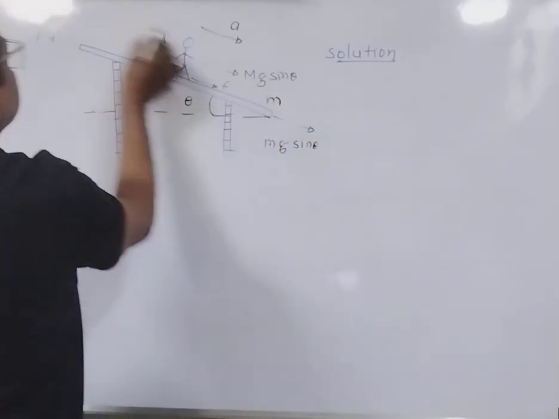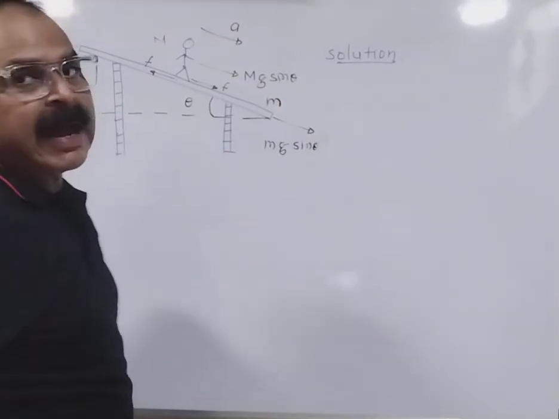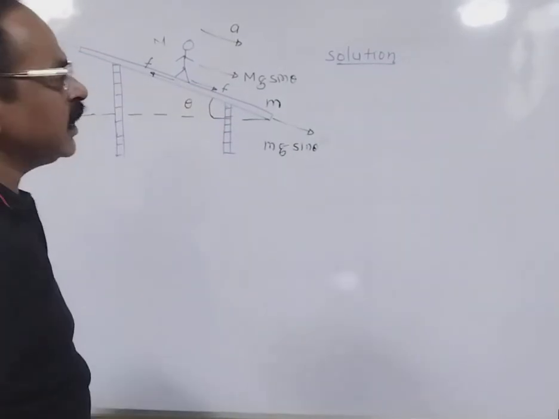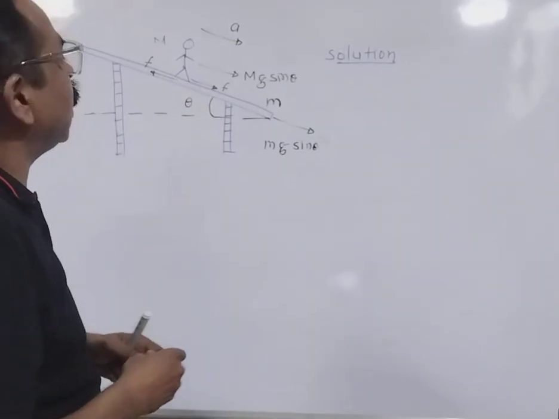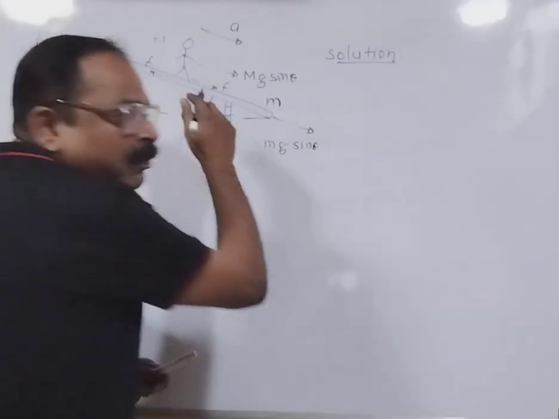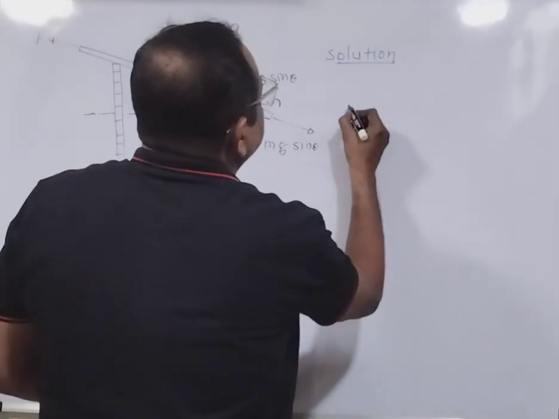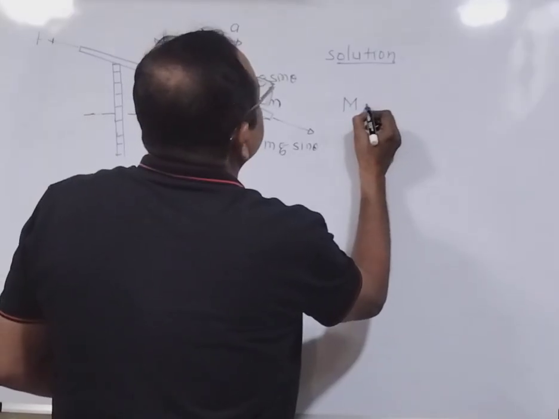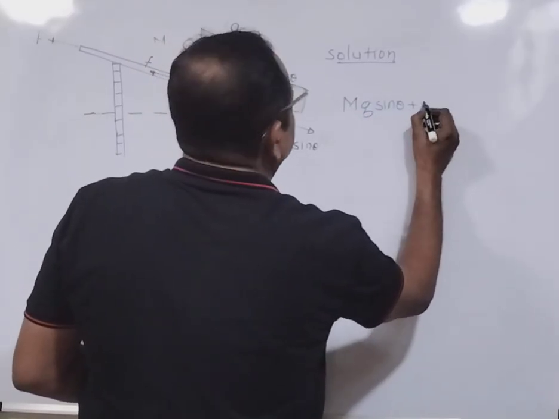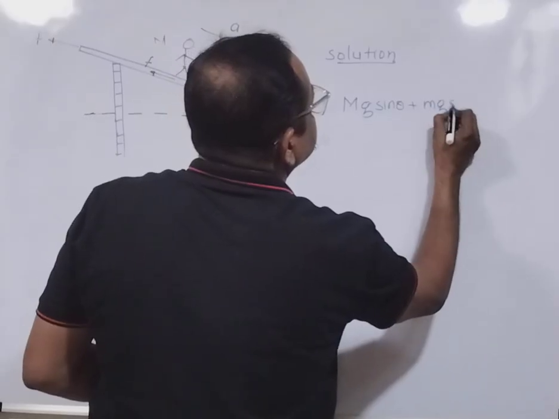Now, if you consider the man and the plank as a whole system, then the internal forces can be neglected, and the equation becomes: the total force acting on the man and plank system in the downward direction is Mg sin theta plus mg sin theta.